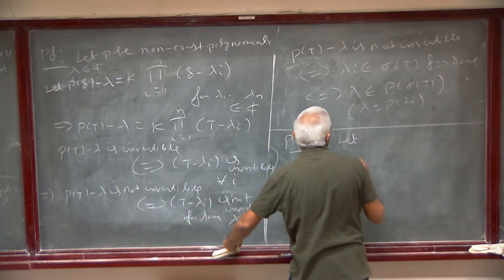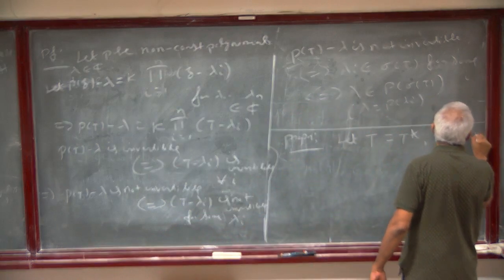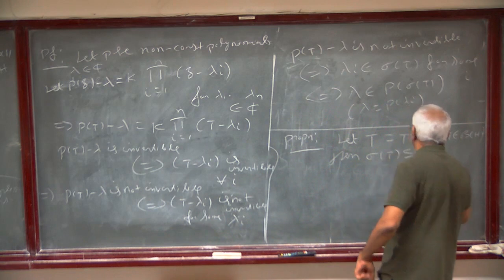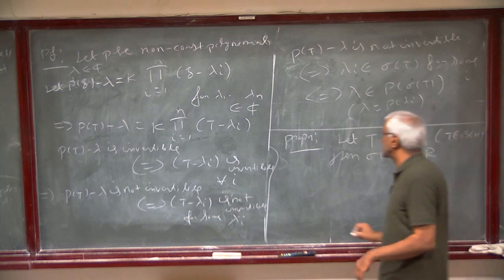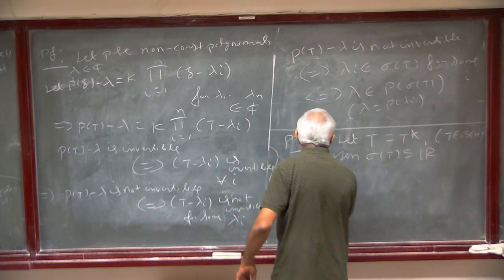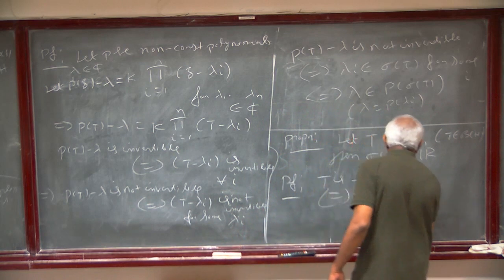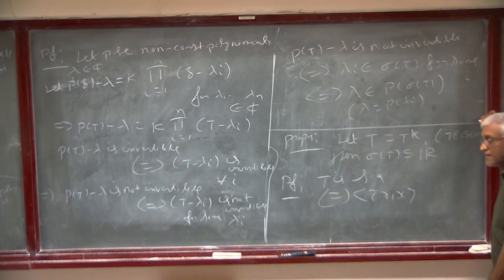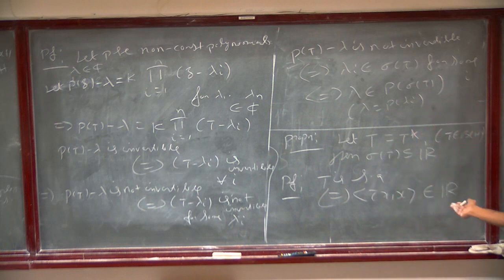Before that, we notice that, let T be self-adjoint. Then sigma(T) is contained in R. So T is self-adjoint is equivalent to saying <Tx, x> is real. We know that we have proved this. Okay.